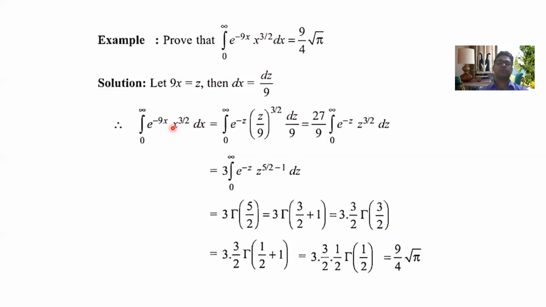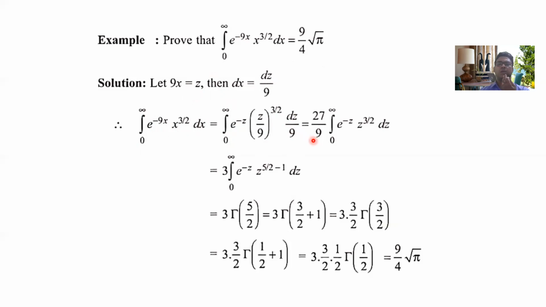Now you replace the integral from 0 to infinity of e to the power minus 9x, x to the power 3 by 2, dx with the integral from 0 to infinity of e to the power minus z. Sorry, what is x? x is equal to z by 9. So that's why I'm writing z by 9 whole to the power 3 by 2. What is dx? dx is equal to dz by 9.